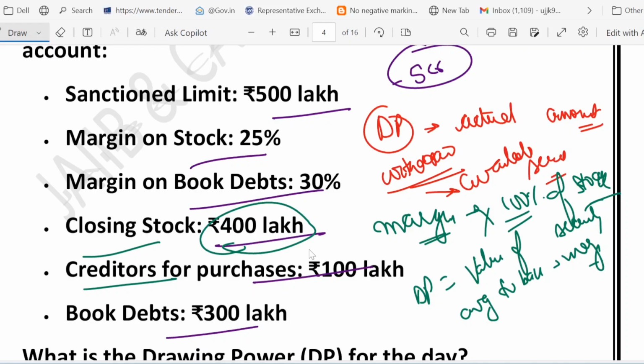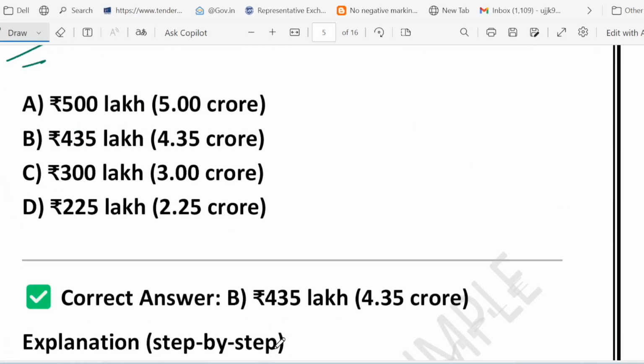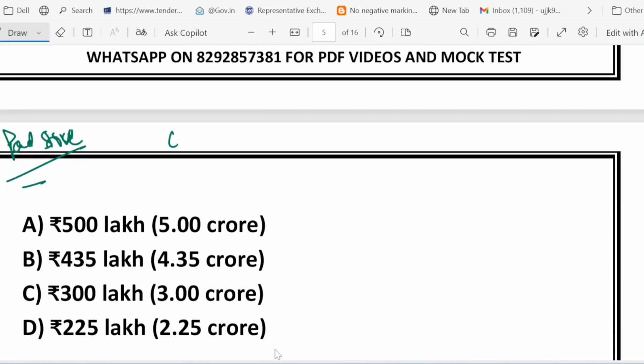So 400 minus 100 will give us 300 lakh. That is how we have calculated the paid stock.